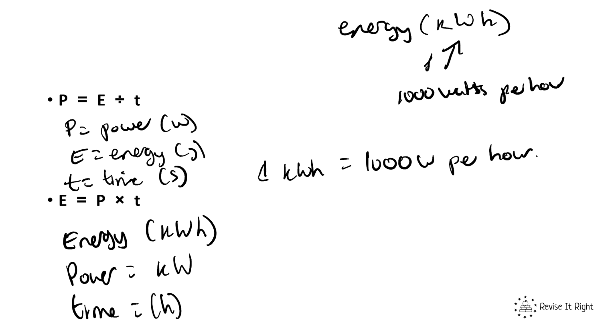Now, there are 3,600 seconds in 1 hour. So therefore 1 kilowatt is equal to 3.6 million joules. Therefore, a kilowatt is a much smaller number to be able to use, and therefore it's a more appropriate unit to measure electrical energy used within a household.